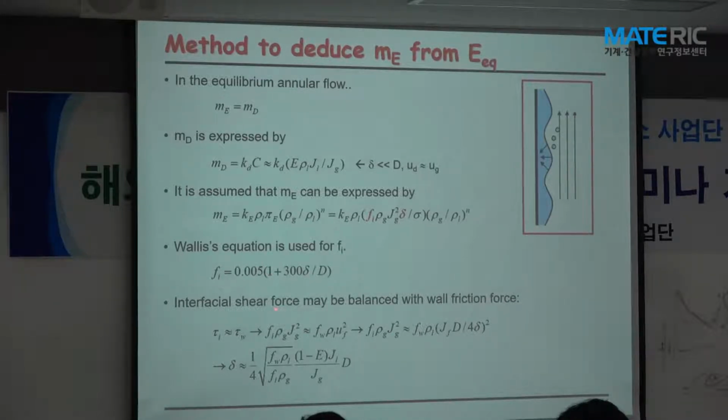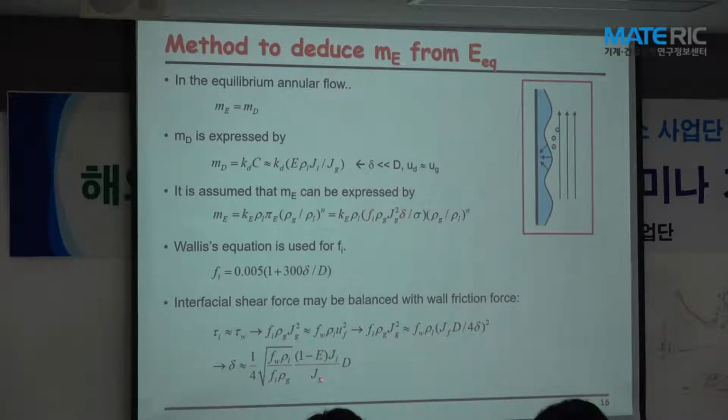Next, how did I evaluate the liquid film thickness? I assume that this liquid film is in the steady state. Therefore, wall shear force and interfacial shear force should be equal. If some correlation is inputted to this equation, we can evaluate how thick the liquid film is.